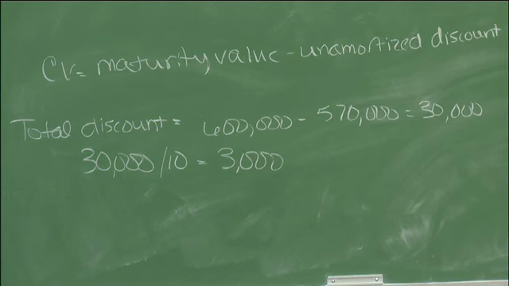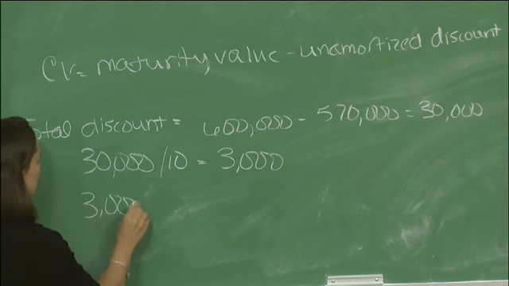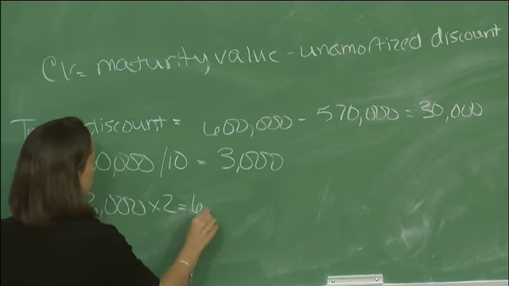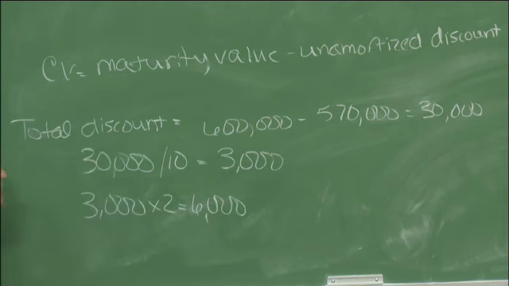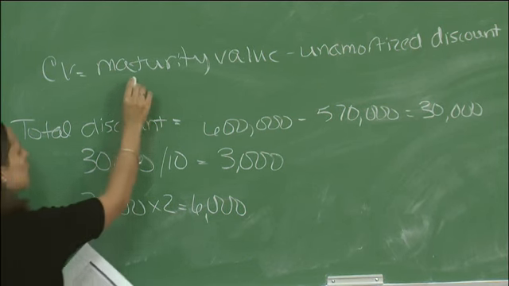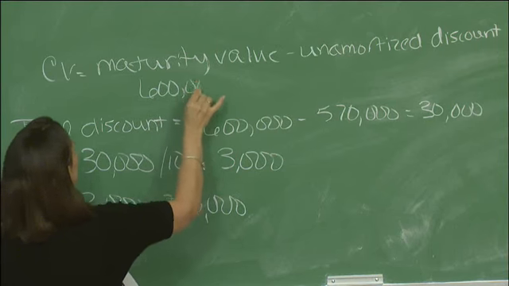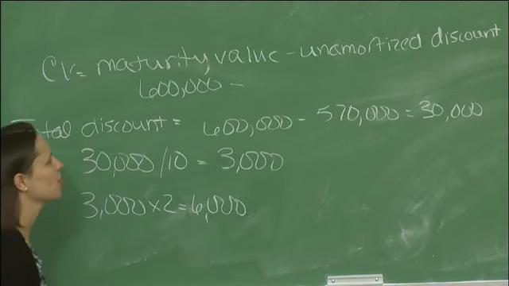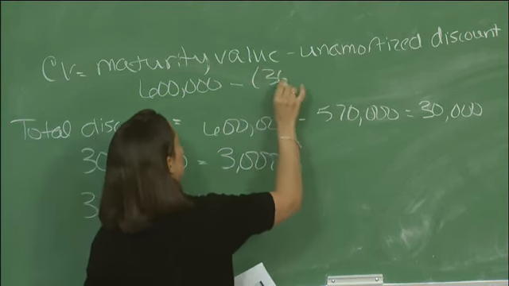That means $3,000 was amortized on June 30th and $3,000 was amortized on December 31st. So the amount that's amortized is $6,000. For calculating our carrying value, it's maturity value $600,000 minus our unamortized discount.